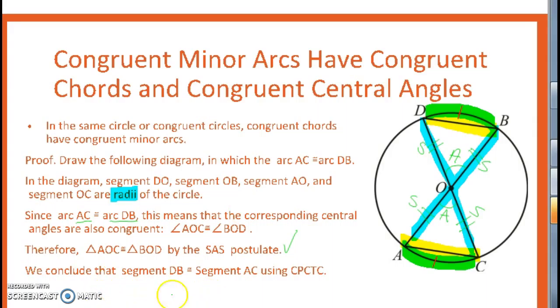Because of that, we can conclude that all remaining pairs of corresponding parts are congruent, meaning chord DB and chord AC, these two here. So we can use congruent triangles to show different relationships between arcs, central angle measures, and chords inside circles.